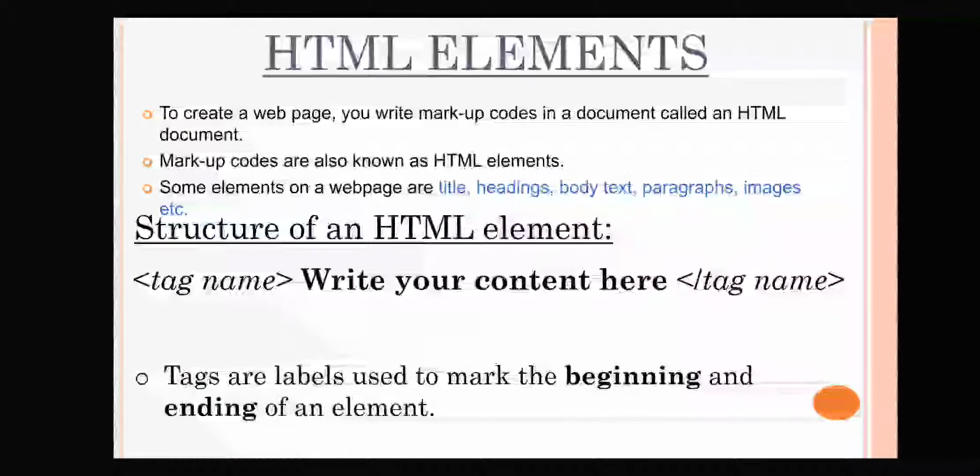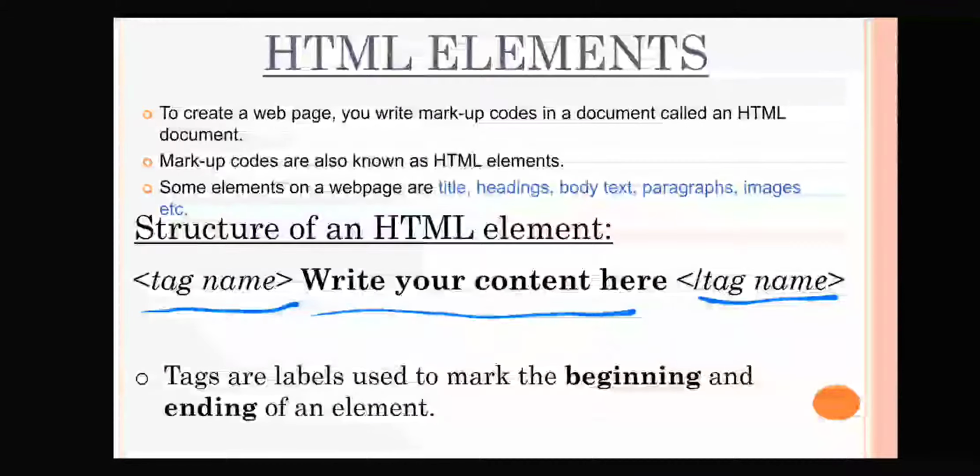Here you can see the structure of an HTML document. This is a tag. This tag is called the opening tag, and this is a closing tag. And here, write your content. This text will display on the web page.